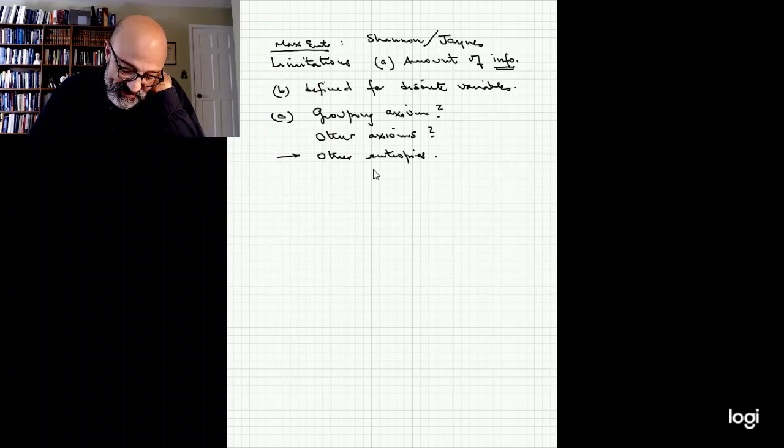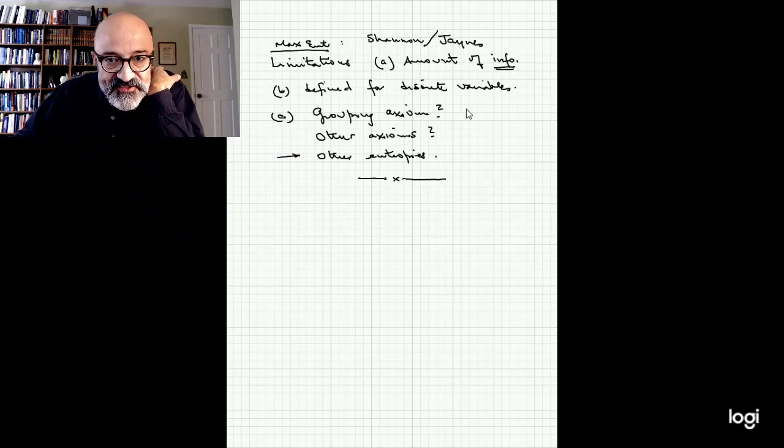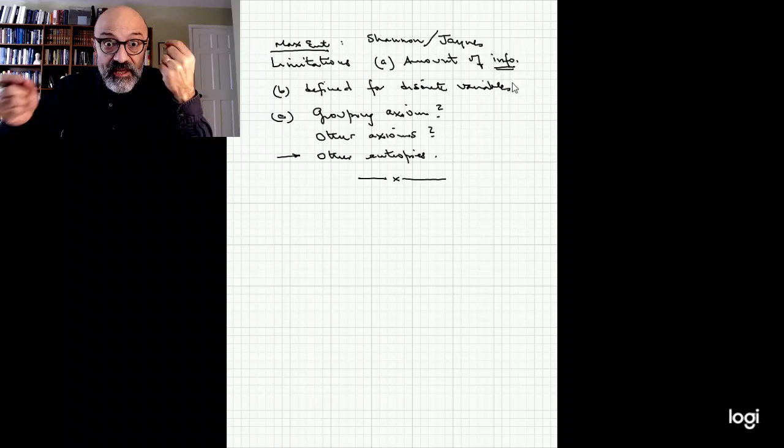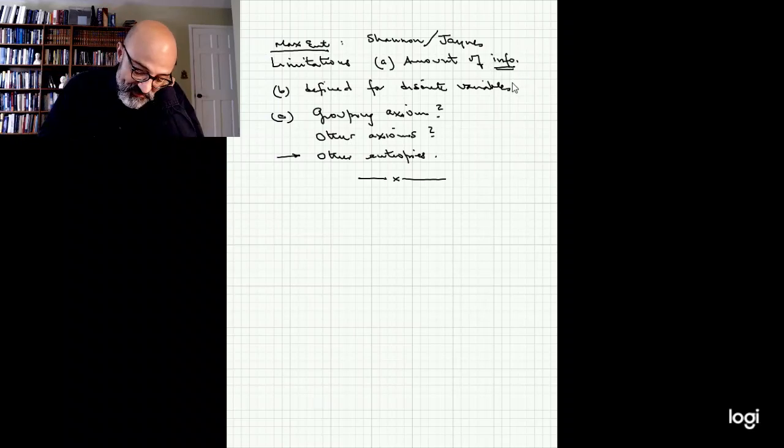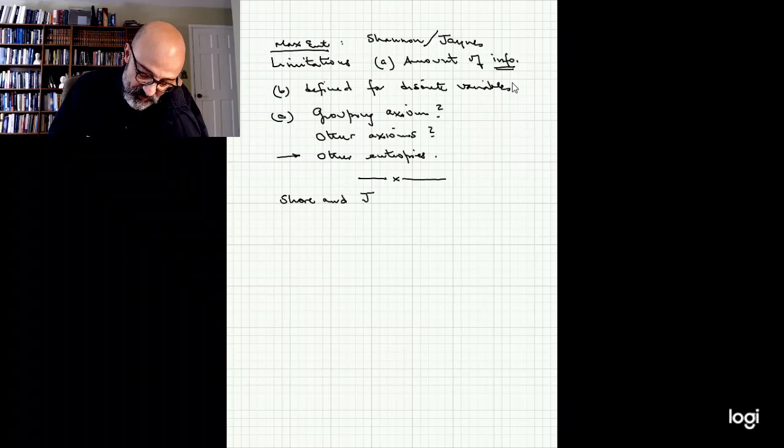The first steps in this direction, given that axiomatizations of amounts of information are complicated from the very beginning, because you do not know what information is, were taken by these guys, engineers, Shore and Johnson, around 1980.